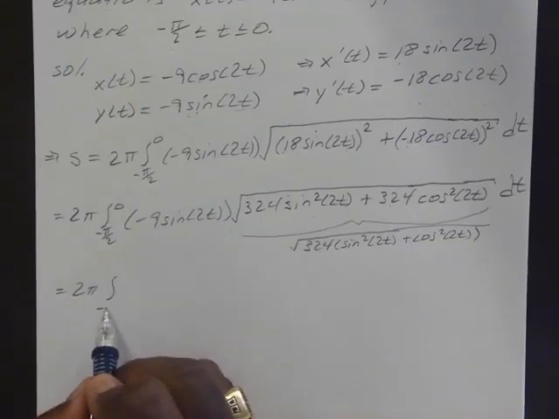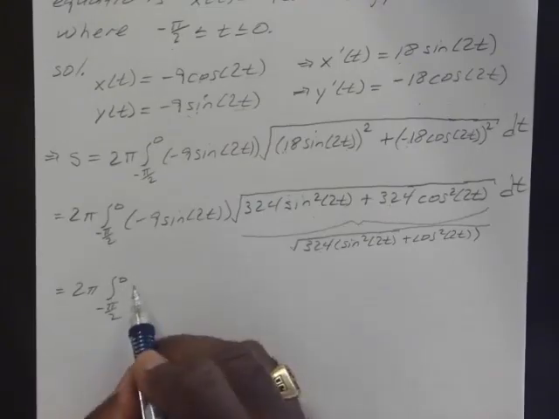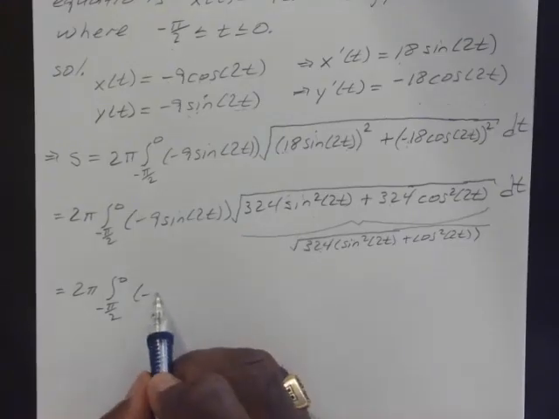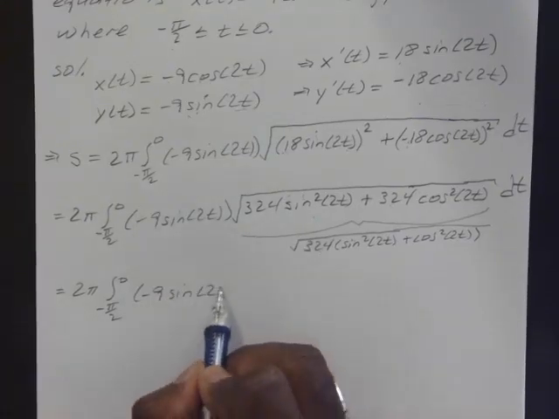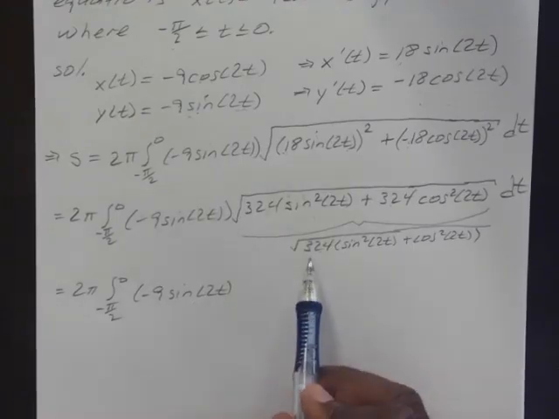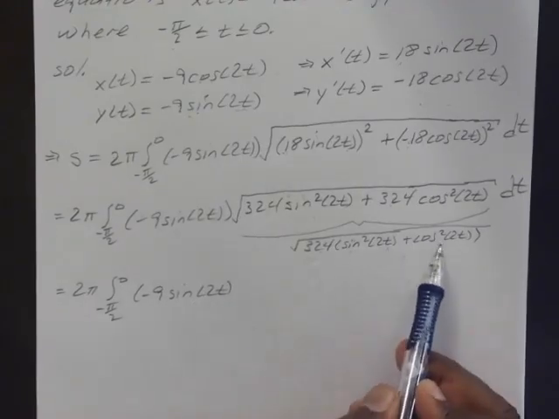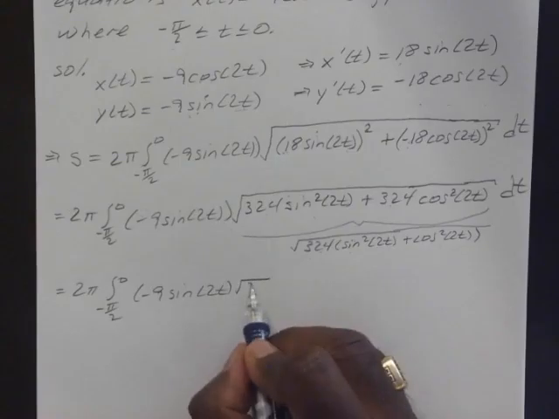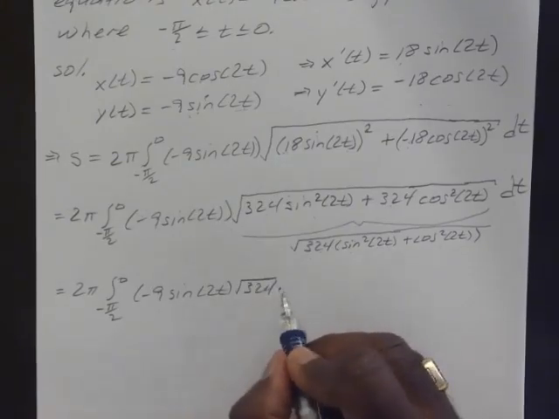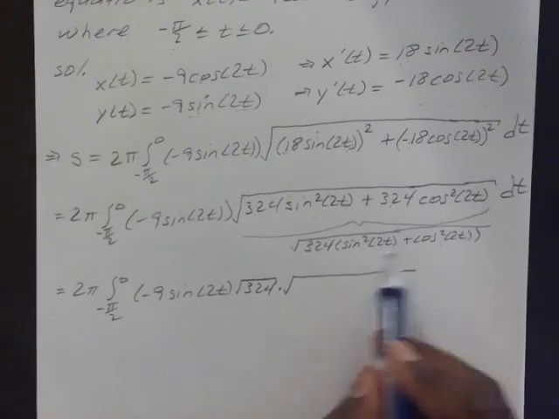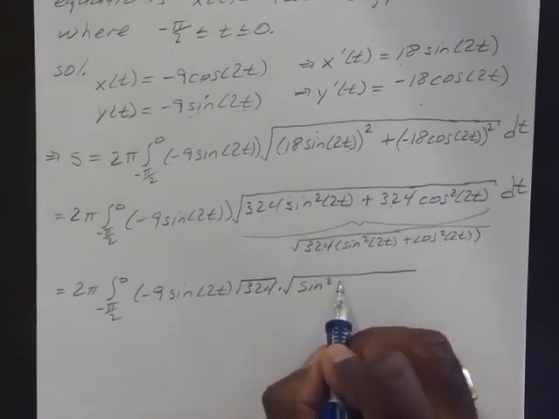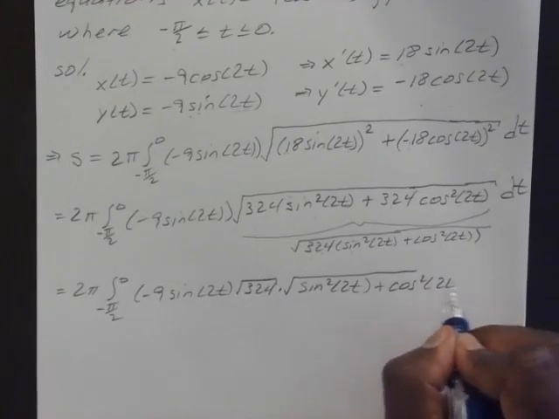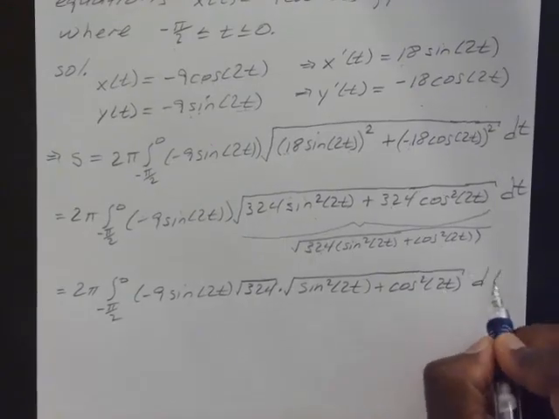So 2 pi times the integral from negative pi over 2 to 0. And we could have combined those two anytime we wanted to, but I'll just keep on bringing it down. Negative 9 times sine of 2t. And that's square root of 324 times sine squared plus cosine squared. We can break that up and just make that the square root of 324 times the square root of sine squared plus cosine squared, with respect to t.